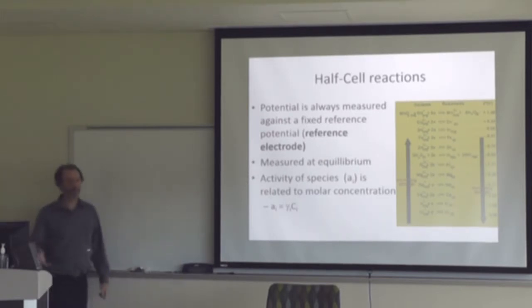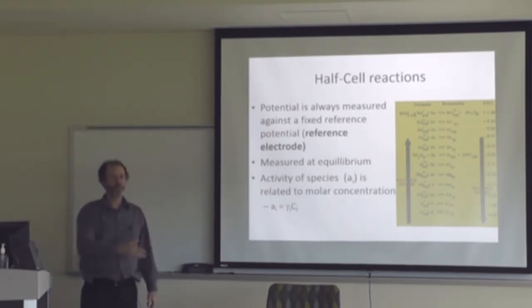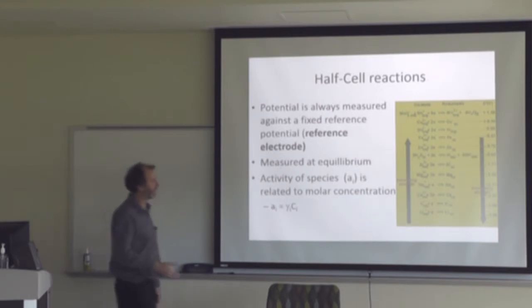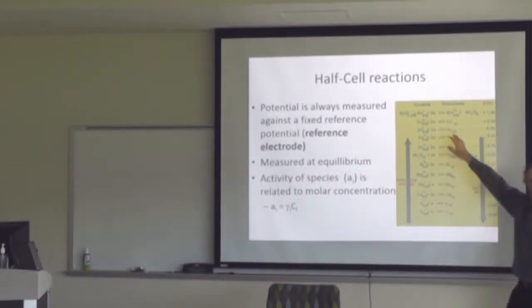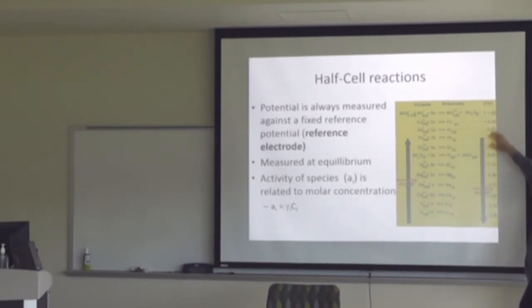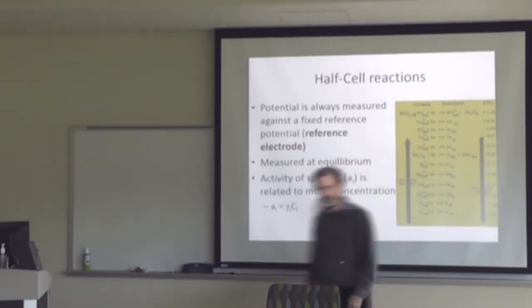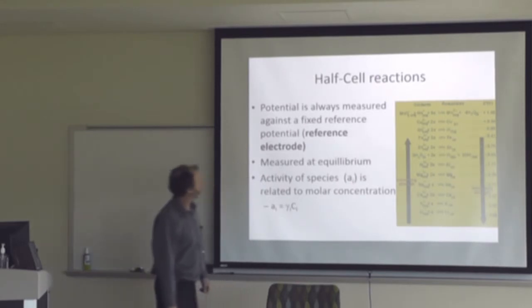And half cell reactions, we've seen this in general chemistry, right? We have all these half cell reactions, and it all has to do with the electron affinity of these reactions, with increasing strength as you go down in the voltage or the reduction potentials.